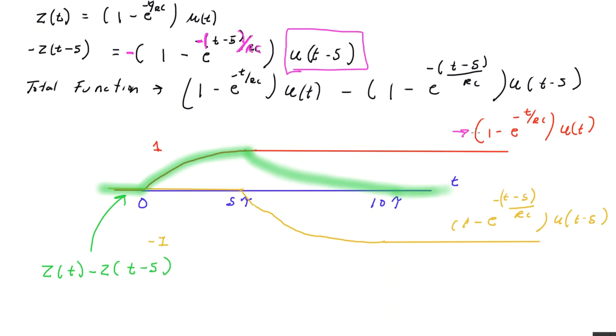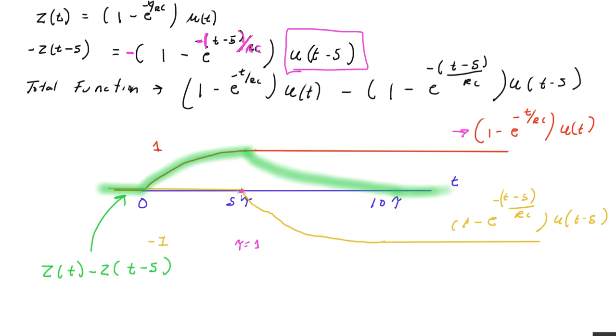Here's the step response of a low pass filter, and that's in red. It's 0, and then we have an exponential approach, and after 5 tau it comes to 1. Now, the minus z(t) delayed by 5 is 0 until 5 tau, tau equaling 1 in this case.